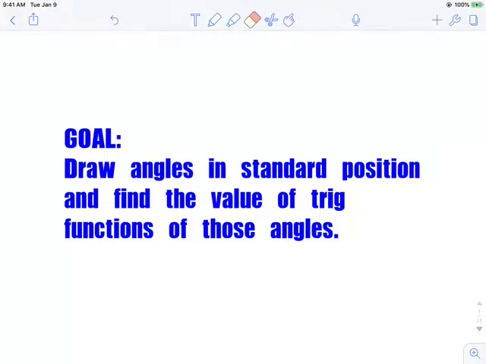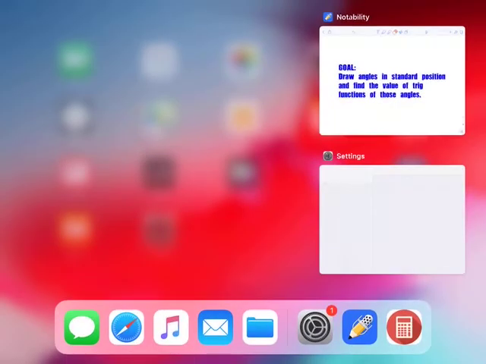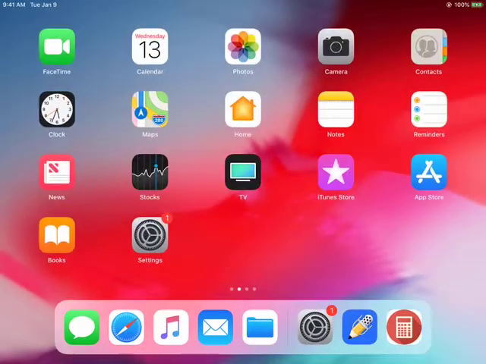And for right now, while we're working with trig, what mode does your calculator need to be in? Degree, right? So if you're using the one on your iPad, you need to switch it to degree. If you're using any other one, you need to make sure it's in degree. So let me get mine up here.